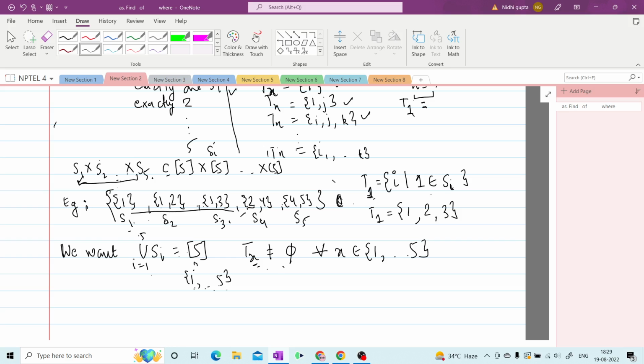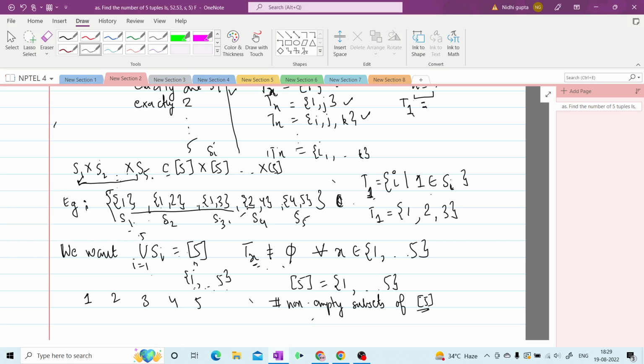Now x can take 1, 2, 3, 4, 5. So what is the number of non-empty subsets of 5? You can check that the number of non-empty subsets of 5 is 2 raised to the power 5 minus 1.